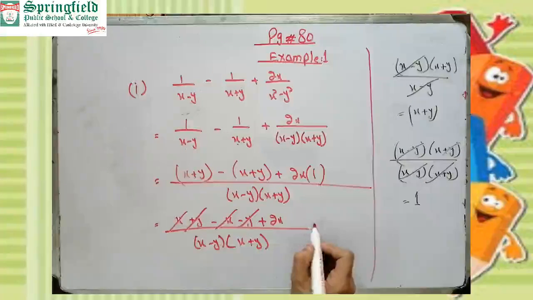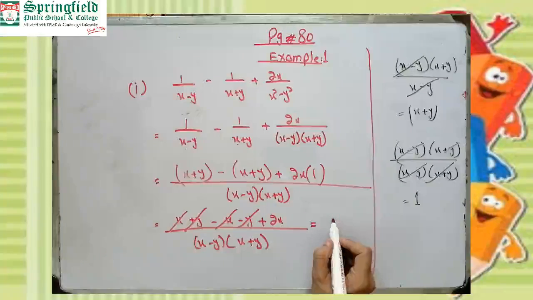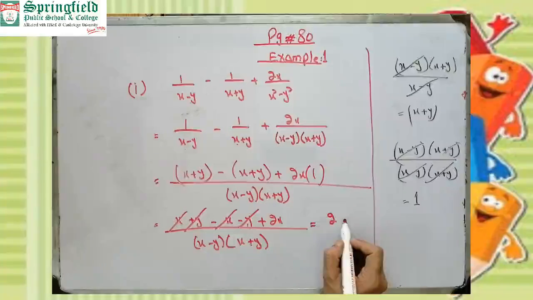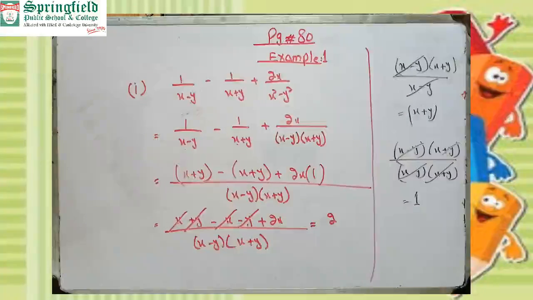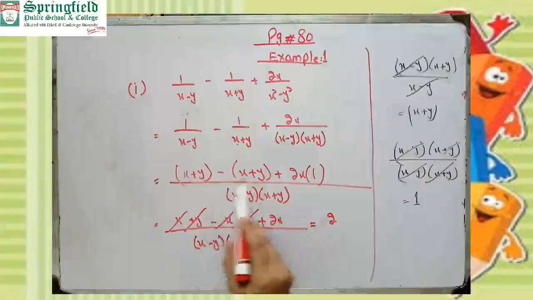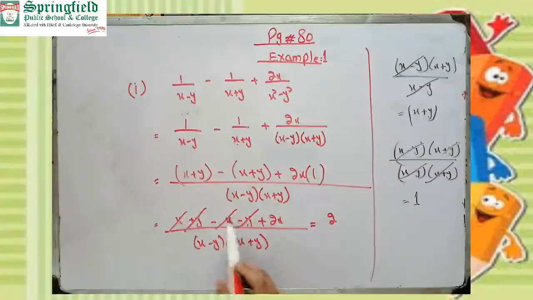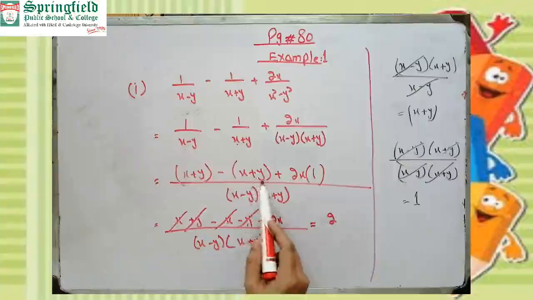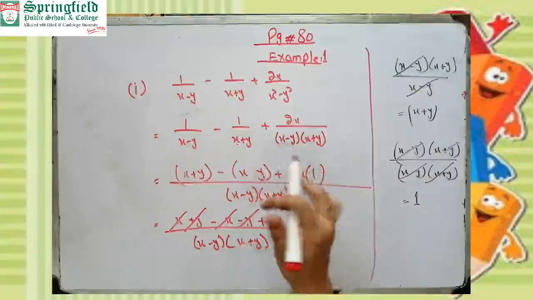Fine. So just 2x. Fine. So minus plus minus, and this one is the x plus y, and sorry, here the x minus y.